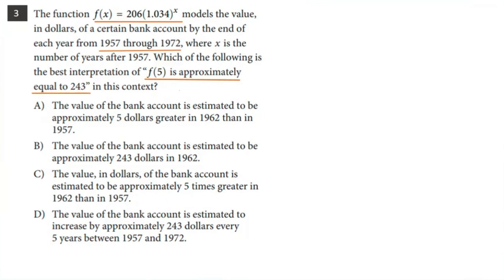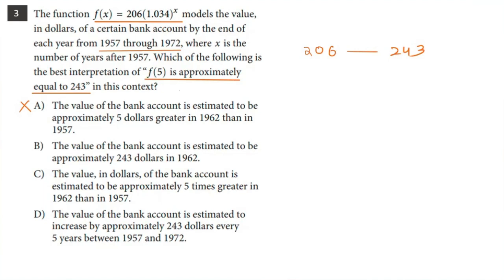Option A, the value of the bank account is estimated to be approximately $5 greater in 1962 than in 1957. If you add 5 to 1957, you get 1962. But you can see that the initial value was 206 and now it's 243. So it's way more than 5. So this is an incorrect option.